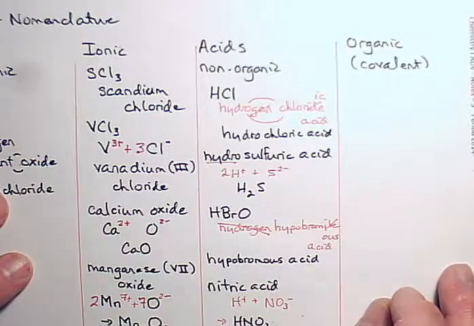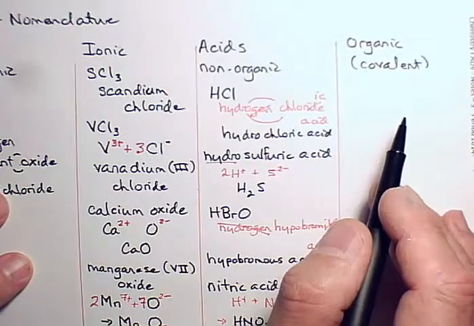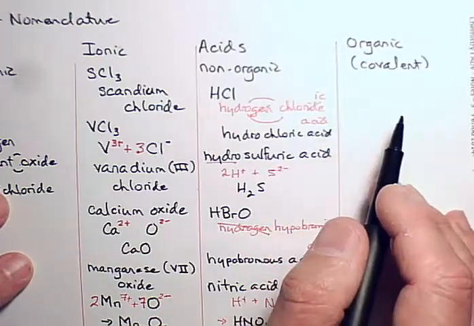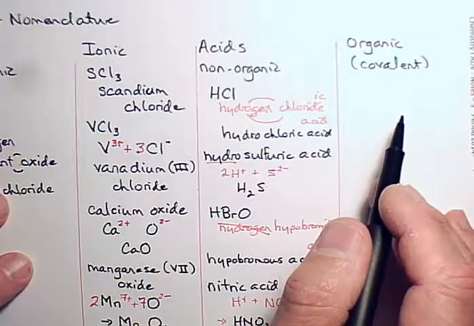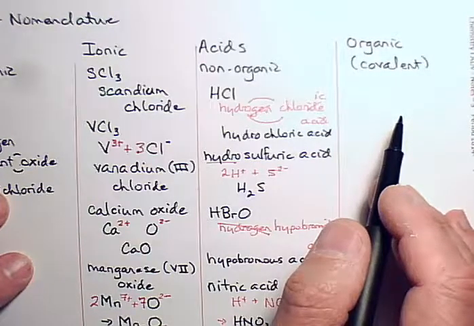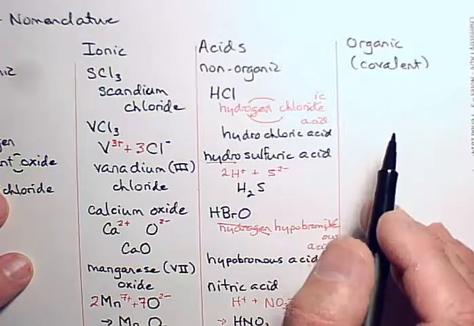The prefixes for 1 to 10 are meth, eth, prop, but, pent, hex, hept, oct, non, dec. The suffix for a single bond, when the main chain has nothing but single bonds, is ane. The suffix for a double bond in the main chain is ene, and the suffix for a triple bond in the main chain is yne. The suffix for a side chain is yl.